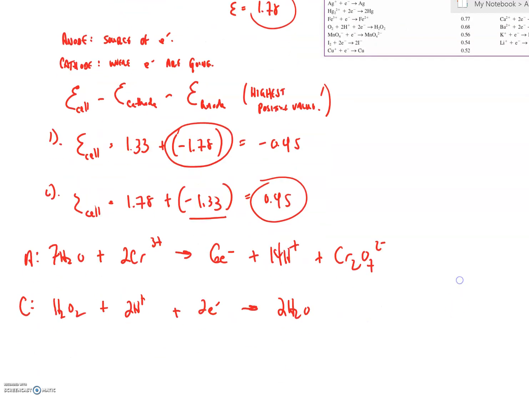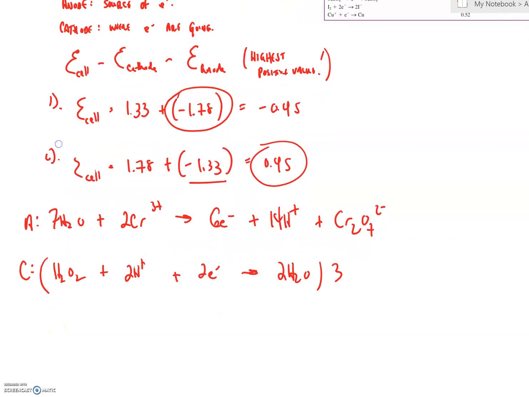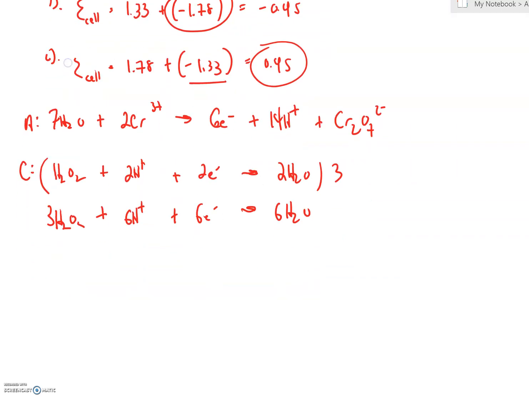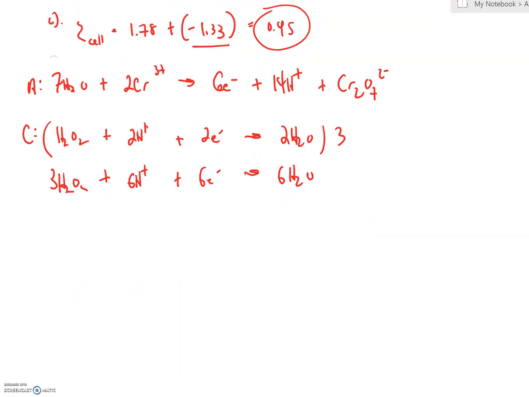Now you want to get a balanced equation for this, and that means we're going to need to multiply this whole thing by 3. So now our cathode reaction is 3H2O2 plus 6H plus 6 electrons yields 6H2O. Well, let's combine these and we can get our balanced equation, and then we can draw our galvanic cell. We want to cancel out stuff that appears on both sides.